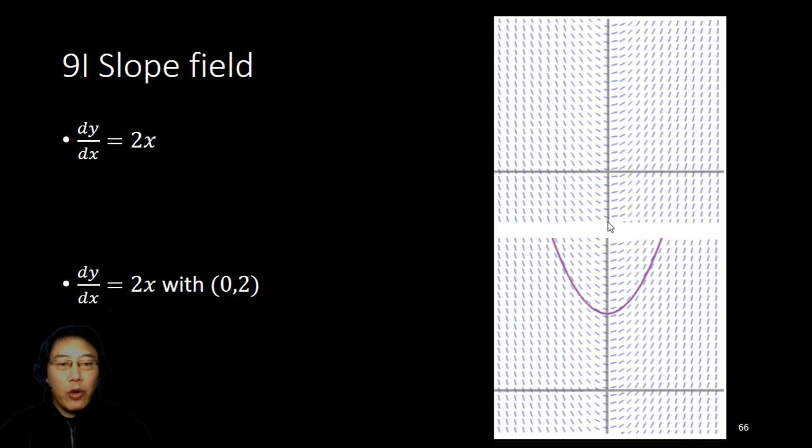Now for x equals 0, it will be on the y-axis, and as your differential equation is equal to 0, which is horizontal, you have those little horizontal dashes, and for the same x, independently of the y coordinate, it will be exactly the same.